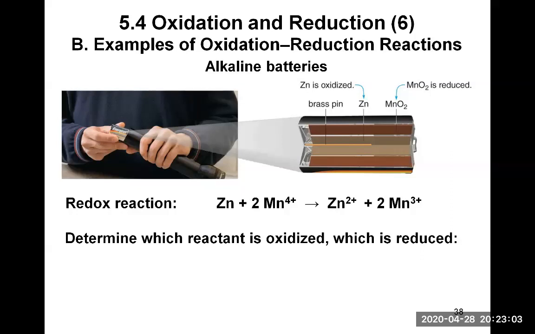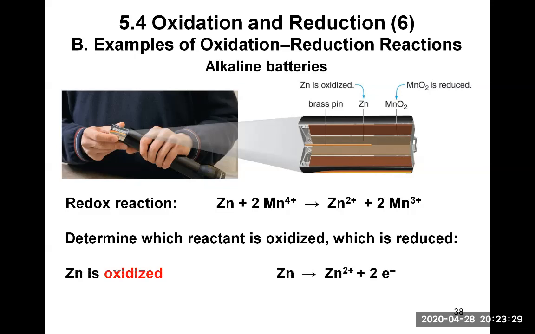So I want you to determine which reactant is oxidized and which is reduced. If you remember that oxidation is loss of electrons, you want to find out which one between the zinc and the manganese 4+ will lose electrons. And so you should come up with this answer.